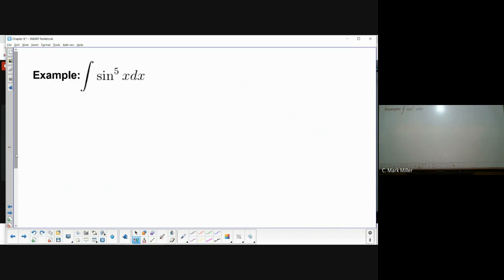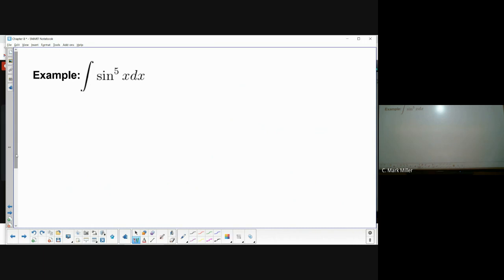Sine to the 5th. Well, where's the cosine? So we're thinking sines to powers times the derivative of cosine. There's no cosines.